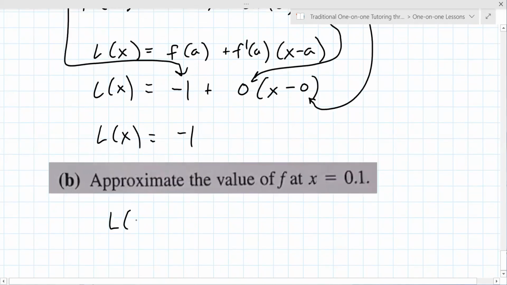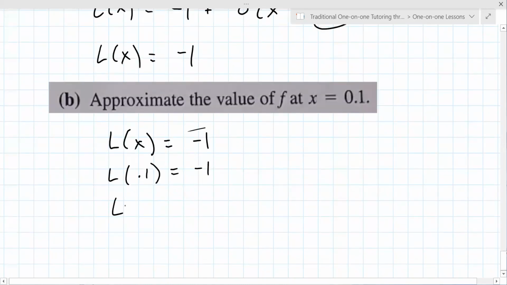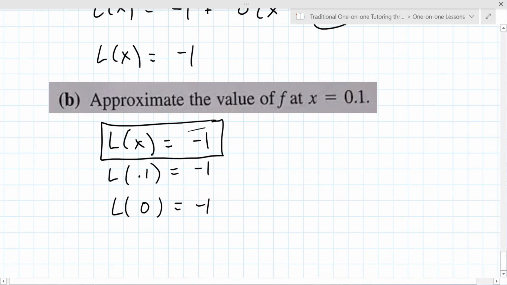And this is one of the things that I hope you remember, because at all values of x, it's -1. L of 0.1 is -1. L of any number you want is -1 because it's always -1. Normally you'd put it into something for x, but it's not there in this one.